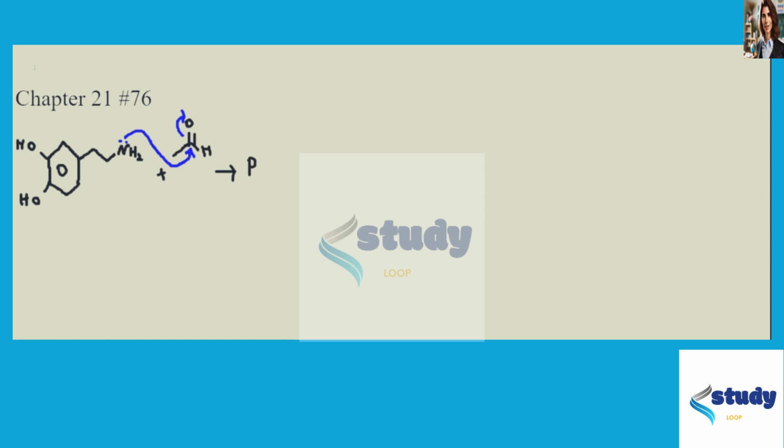And so since the ring here is not participating in the first several steps of this reaction, I'm just going to abbreviate it. Right. So that gets us to here.